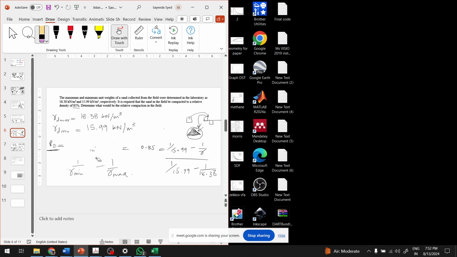Let me write this without the denominator, everything. This is gamma D minus gamma D minimum over gamma D max minus gamma D minimum into gamma D max. This is essentially what we did actually, but there is a calculation error as far as I think. Gamma D field.